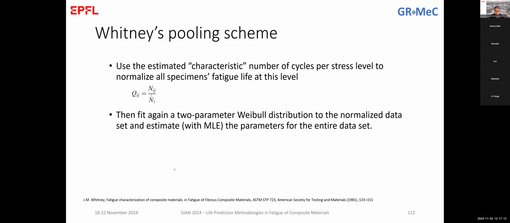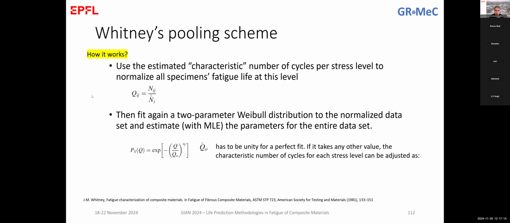And then you normalize all the numbers of cycles per stress level by the average cycle at this stress level. And like this, you have a pool of data. That's why it's called the pooling scheme, because you bring all the data to one data set that corresponds to the entire data that you have from the experiments.